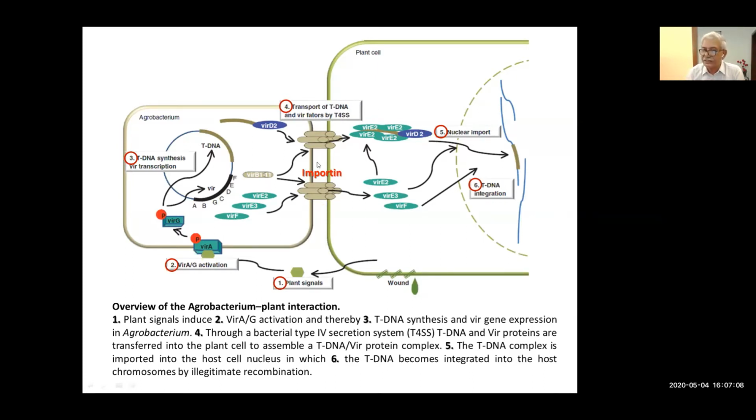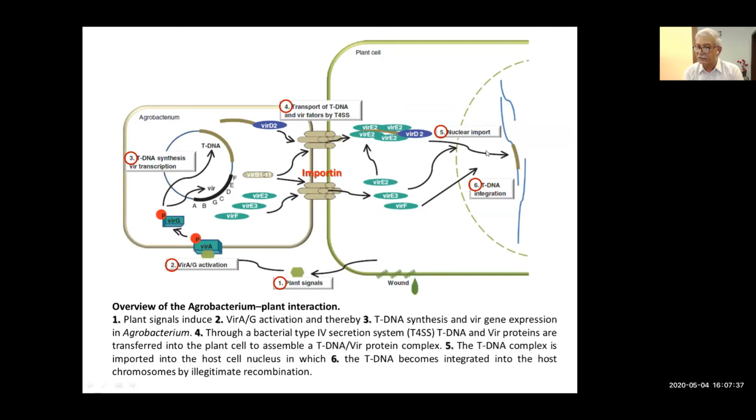Okay, so in this case, there is an attachment between Agrobacterium and the plant cell, and these proteins take this T-DNA along with the VirE2, which has already bound to the single-stranded T-DNA, and it gets into the nuclear membrane, and then it is made double-stranded.